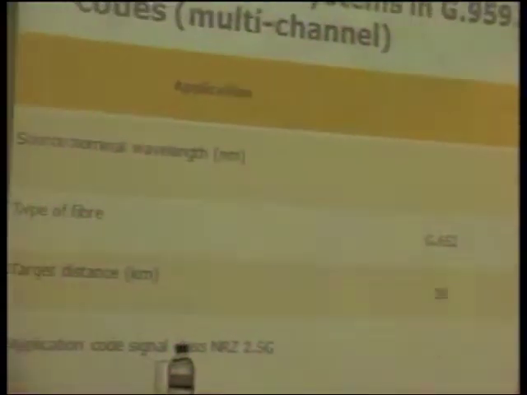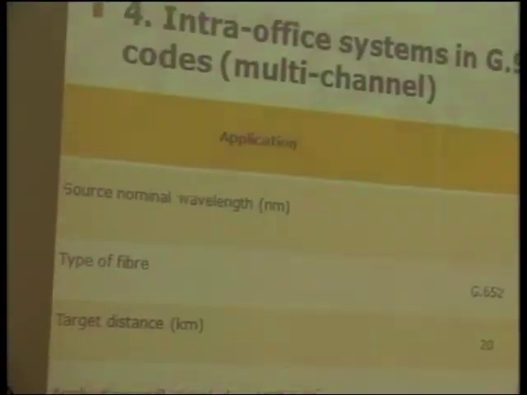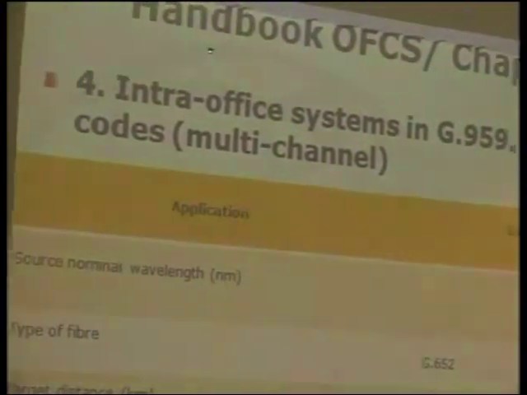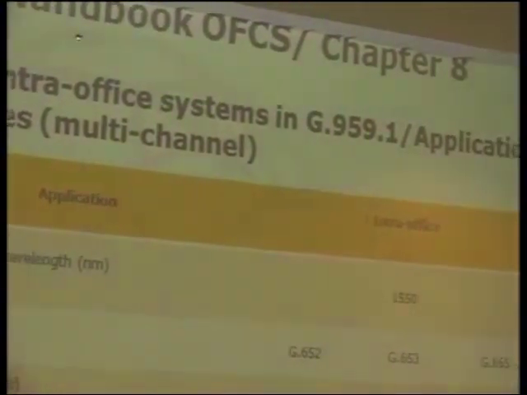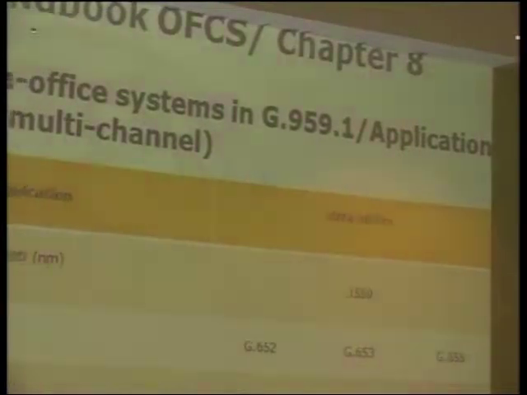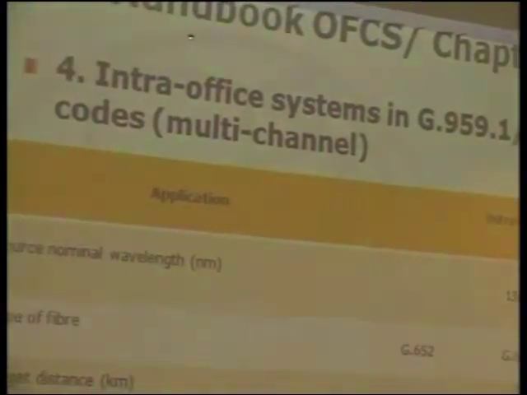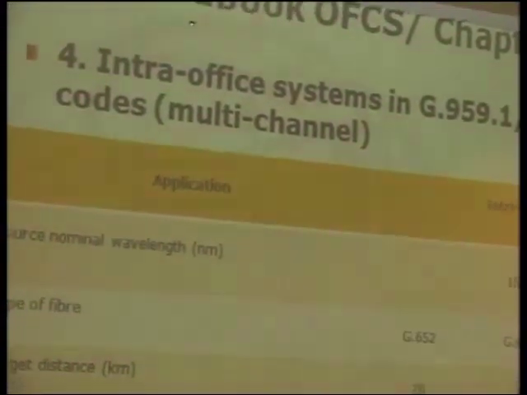This is another table showing intra-office system specification for multi-channel systems, which means WDM systems. I know that these tables are a little bit boring, but I must explain the meaning of the table, how to interpret it.